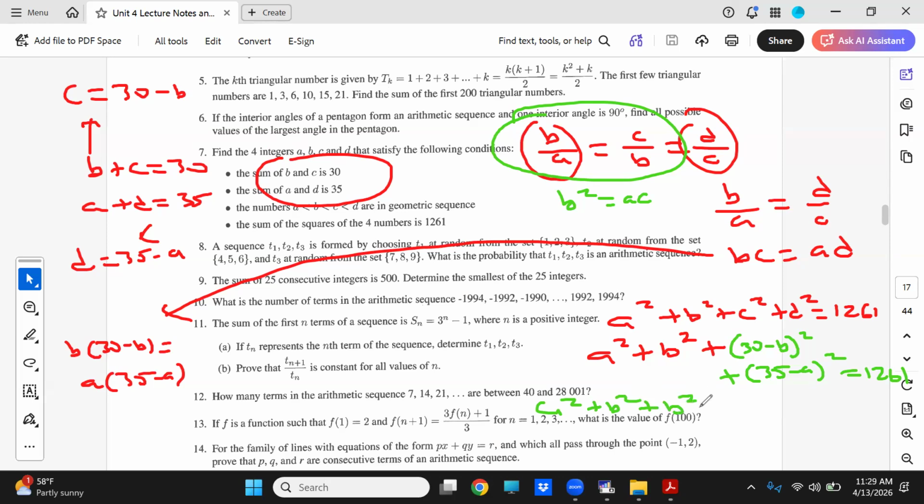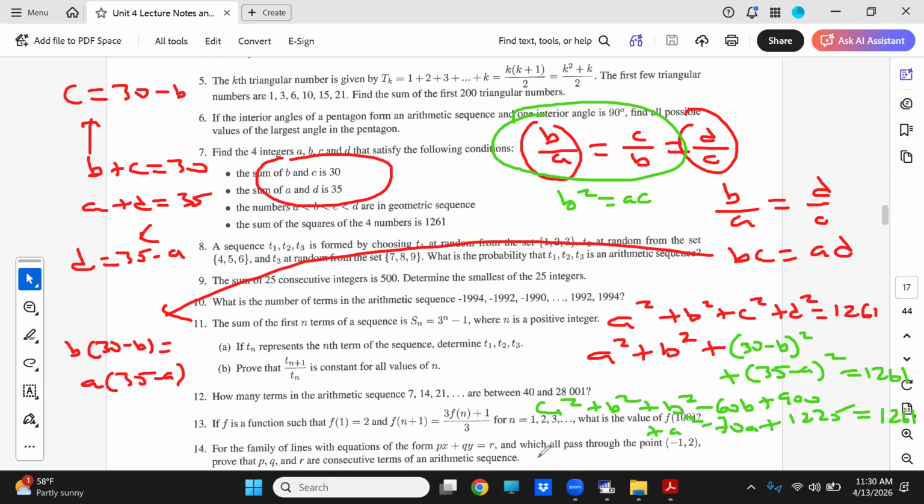Plus B squared minus 60B plus 900, plus A squared minus 70A, plus 35 times 35, which is 1225, equals 1261.